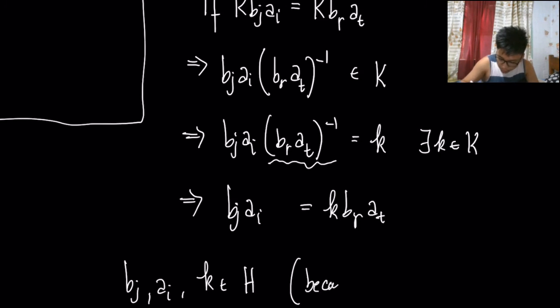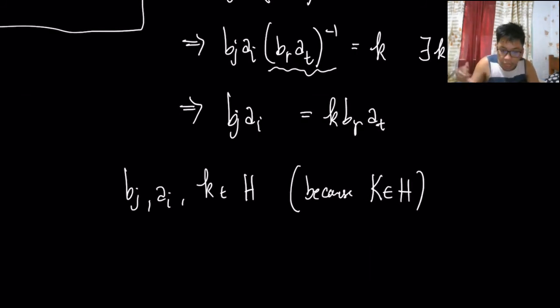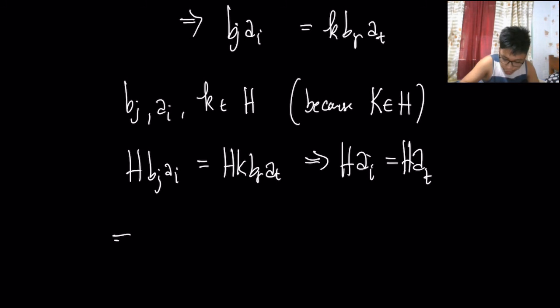Because our assumption says that K is a subgroup of H, so K is a subset of H, meaning all the elements from K are also elements in H. Since that's an element of H, we must have that H a_i is equal to H a_t.